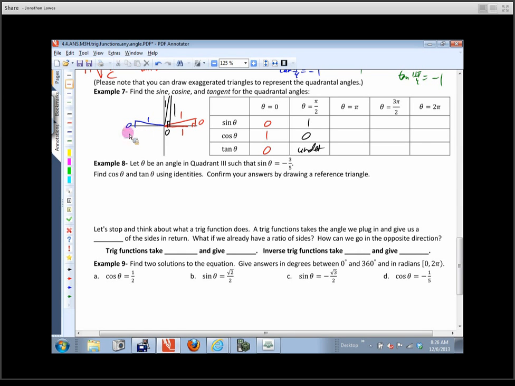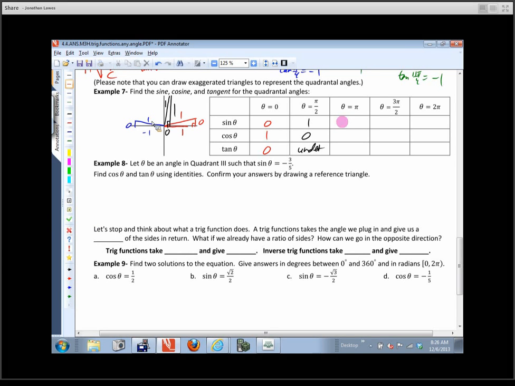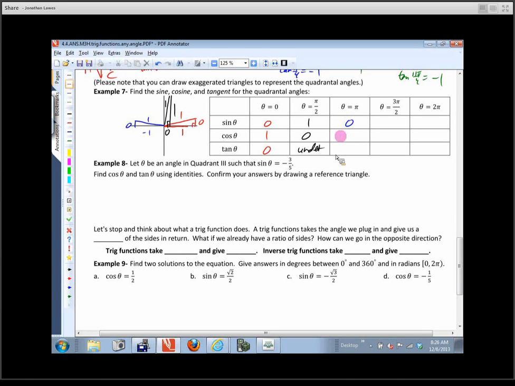That opposite side would be 0. This is going to be a what? Negative 1. Okay? Because you went to the left, right? Went to the left, didn't go up or down. So I'm going to do the opposite side over the hypotenuse. That's going to be 0. Adjacent side over the hypotenuse, that's going to be negative 1. And the opposite side over the adjacent, that's going to be 0.